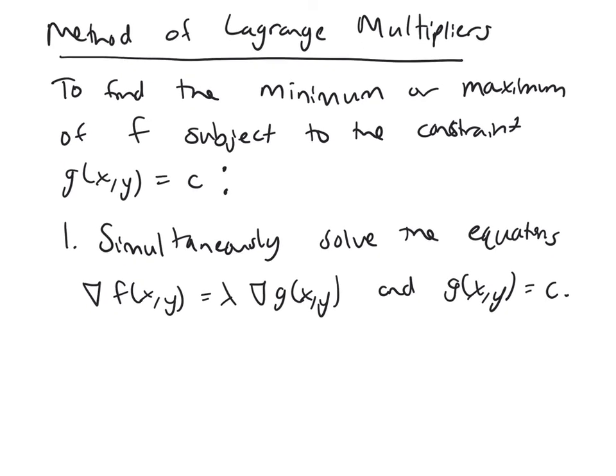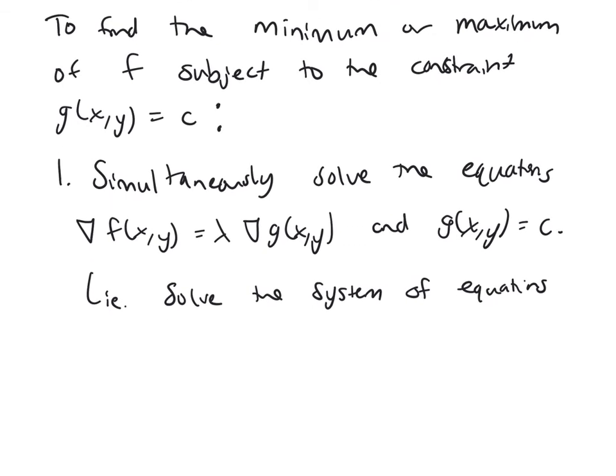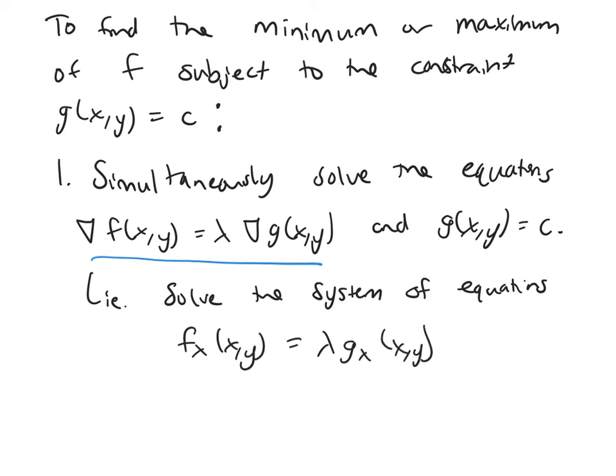So if you're simultaneously solving equations, what that means is you're going to solve a system of equations. So from this first equation here, you're going to get fx equals lambda gx, partial derivative with respect to x has to be the same.